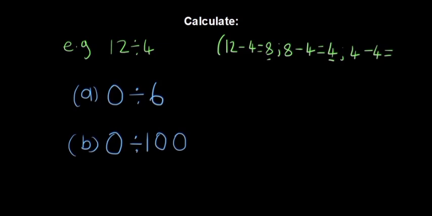So if we subtract a 4 from a 4, we'll get a 0. So now we stop subtracting. So this means that 12 divided by 4 is 3, because we need 3 rounds to get to the 0.